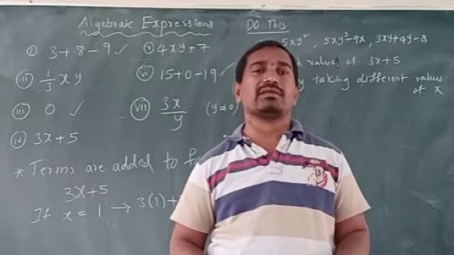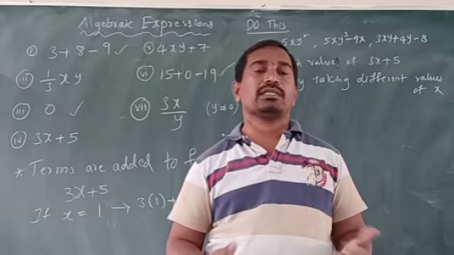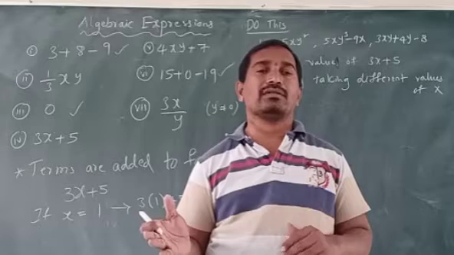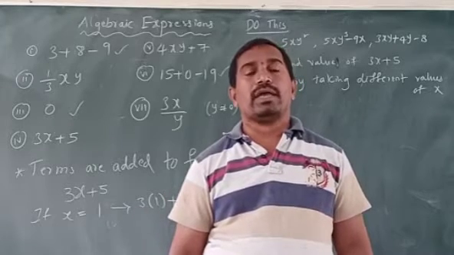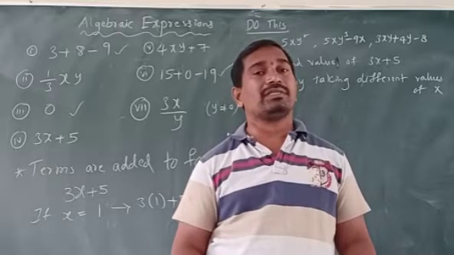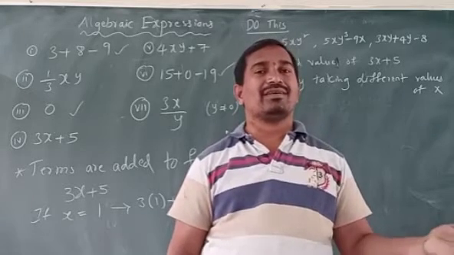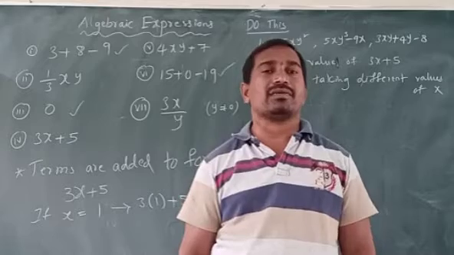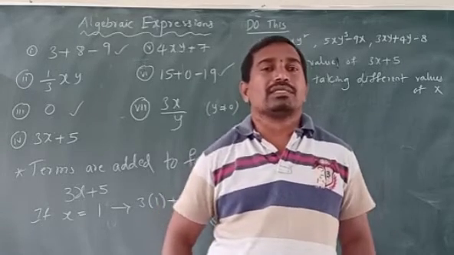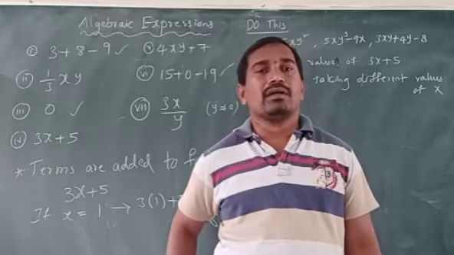Product, 2x, is a term. 3 by 2, one variable y, 3 by 2 y, that is a term. x square is a term. Okay, x square means there is no constant shown, so it is 1. 1 is a constant, 1 into x square. Okay, are you getting terms? So the product of constants and variables is called a term.